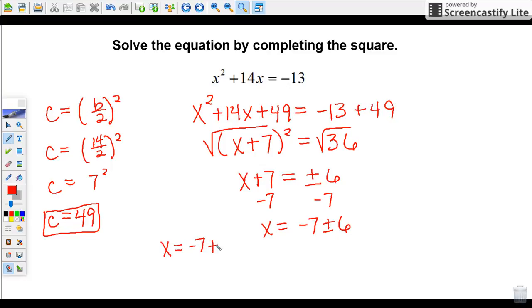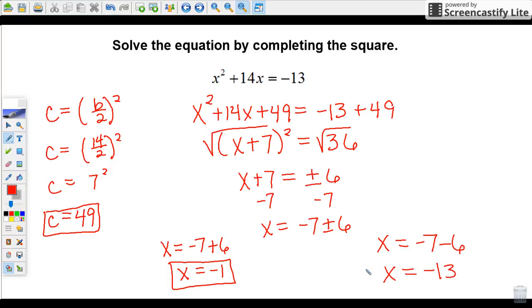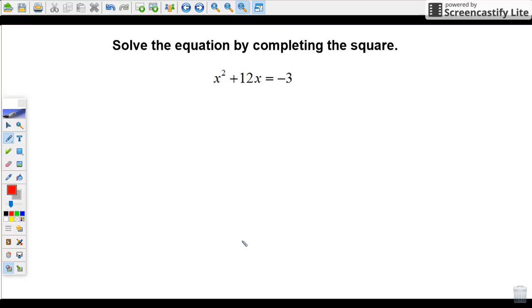When the 6 is positive, x is going to equal negative 1. When the 6 is negative, x is going to equal negative 13. There are my two solutions. Let's do another one.